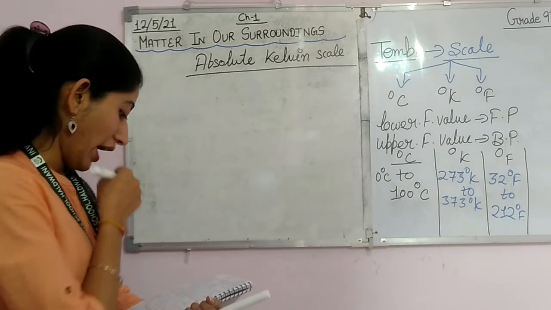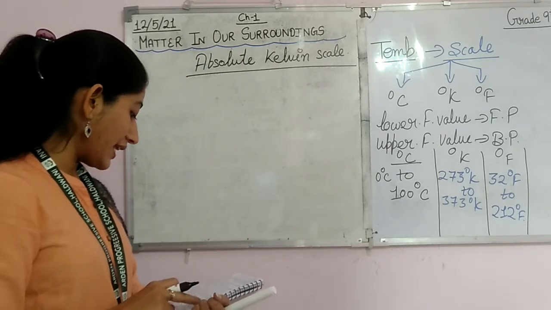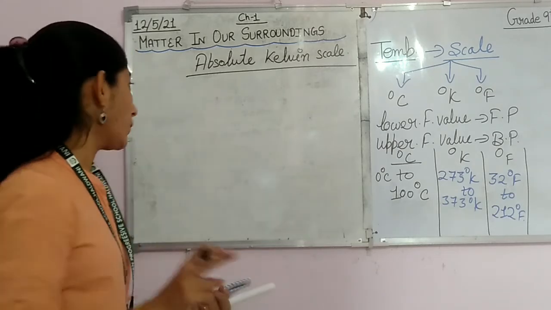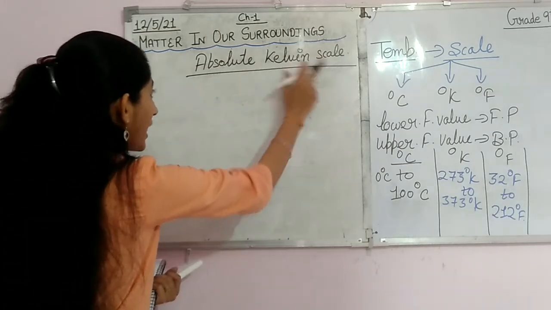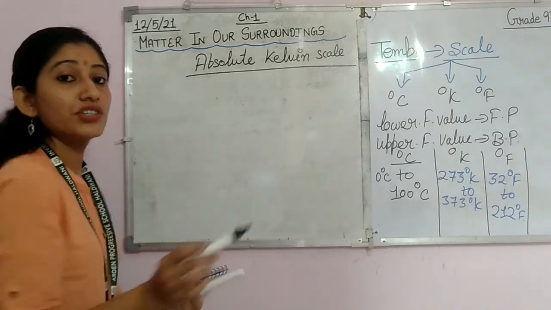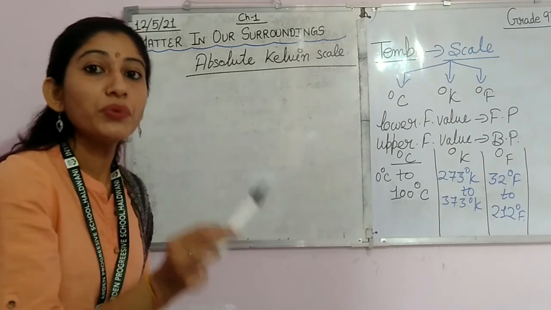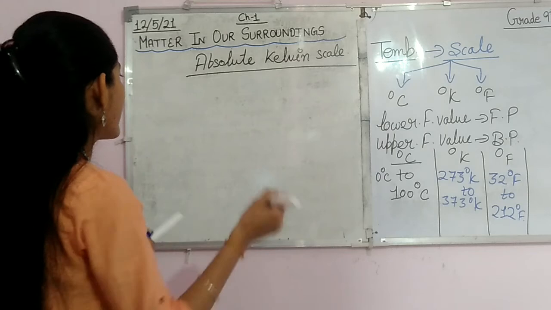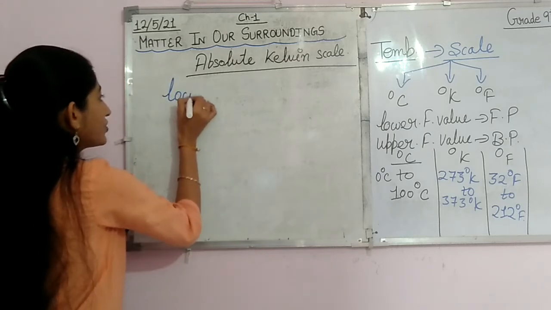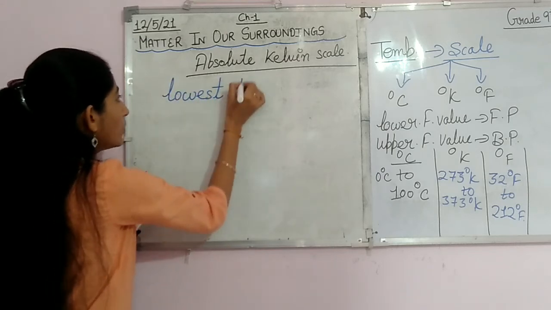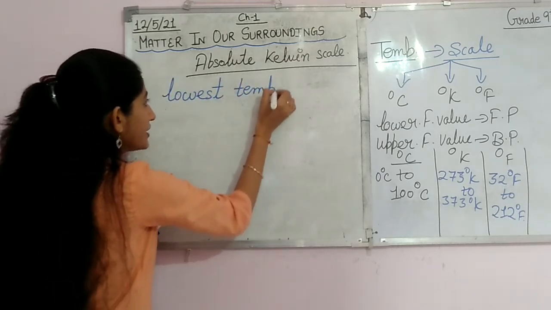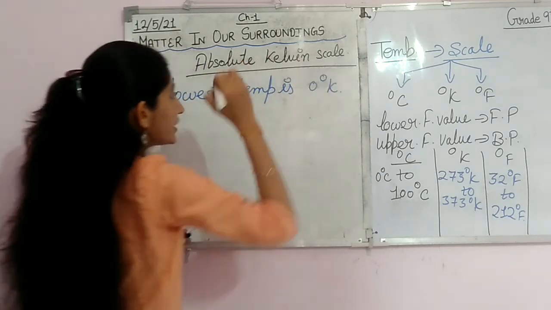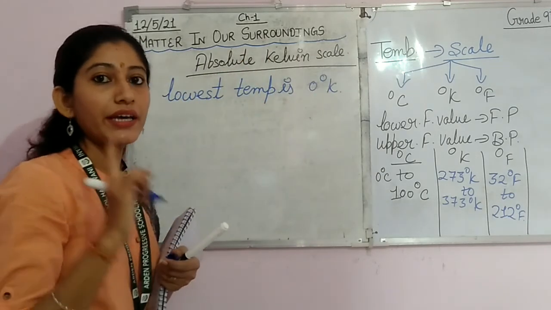It is called absolute Kelvin scale, where the lowest temperature is 0. It is the temperature which is measured by the absolute Kelvin scale, and here in absolute Kelvin scale, the lowest temperature is 0 degree Kelvin.